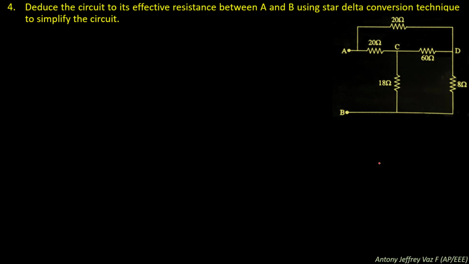You can see A to C is one resistance, and again A to D there is another resistance, and from D to C there is another resistance. So this represents the delta combination. You can use the delta to star conversion to convert this delta position into star position first.